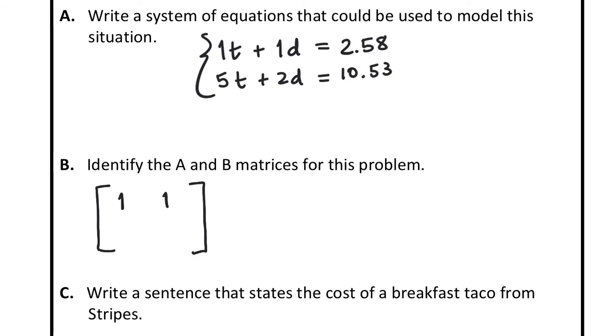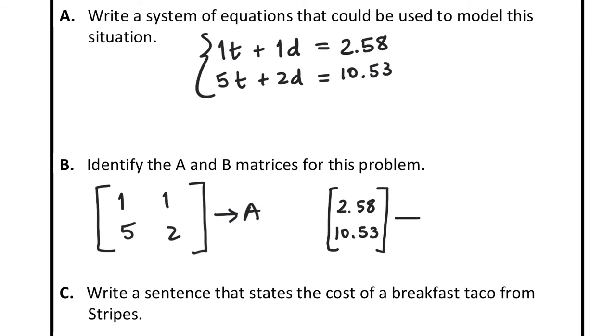So I have 1, 1, 5, 2. And this is going to be my A matrix. And then I have my B matrix, which are the numbers after the equal sign. So it's 258 and 1053. It's going to be my A and my B matrix.